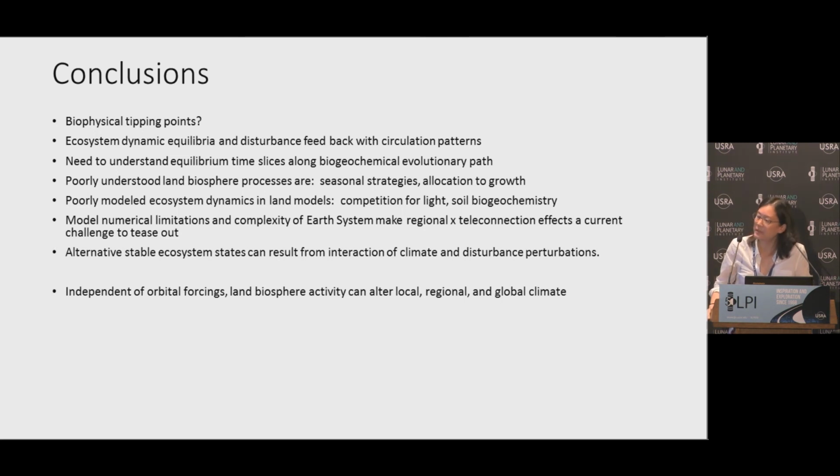There are a lot of poorly understood processes with vegetation right now. The seasonal strategies, for example, will not happen on another planet. They'll be totally differently adapted. But in general, independent of orbital forcings, land biosphere activity, including us, does alter local, regional, and global climate and could affect what signal we see of an exoplanet.